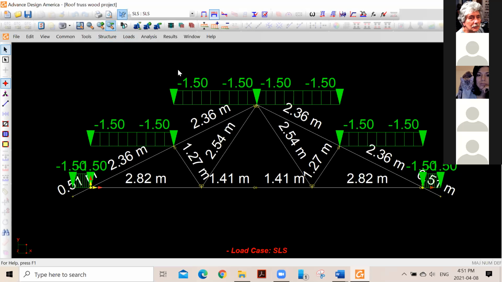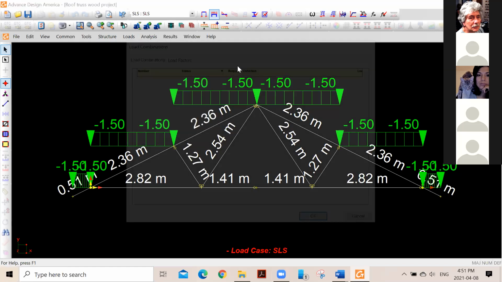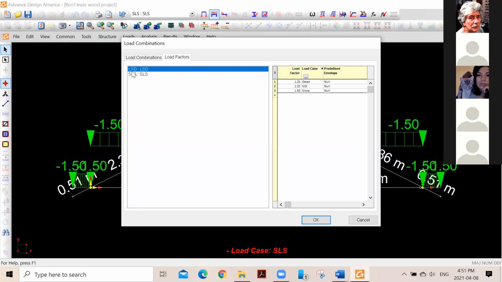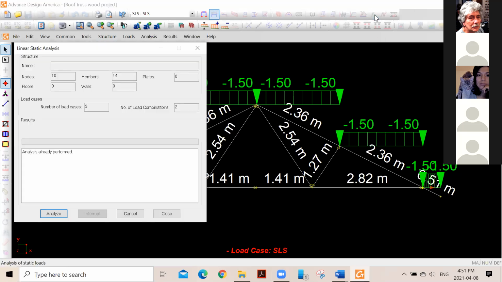Now I want to go to load combination. I want to make sure that you have the right load combination. So you do have it, right? Yeah. That's perfect. Okay, now run your analysis.